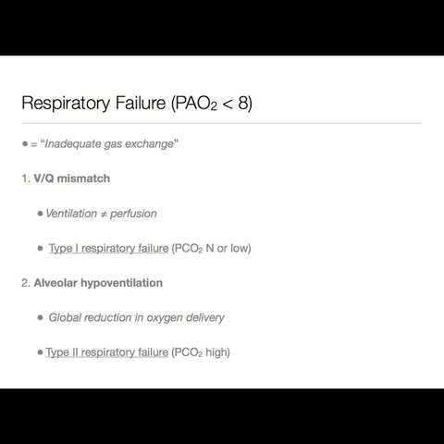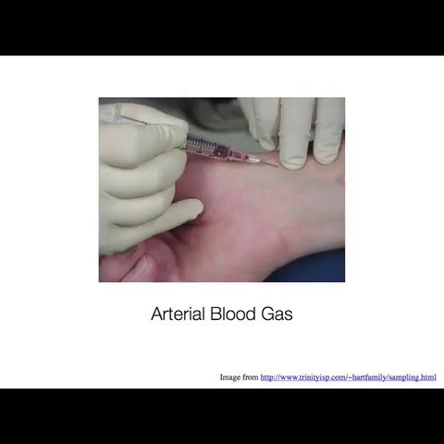Alveolar hypoventilation, on the other hand, describes a situation where there is a global reduction in the amount of oxygen delivered to the alveoli due to inadequate ventilation. The most useful way to distinguish between these is by doing an arterial blood gas and measuring the partial pressures of oxygen and CO2.